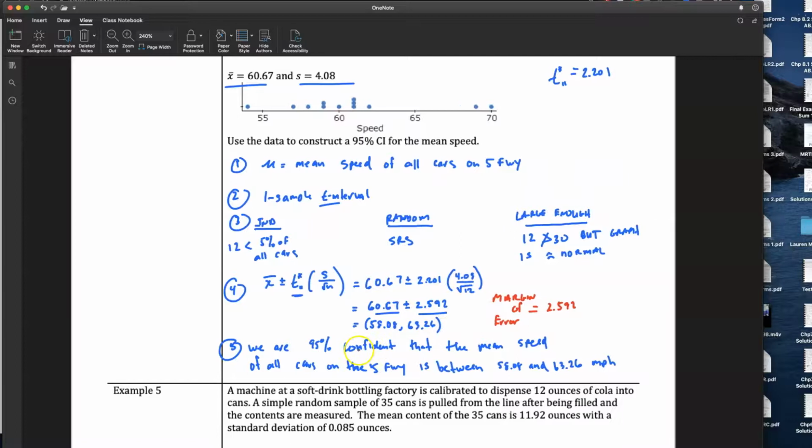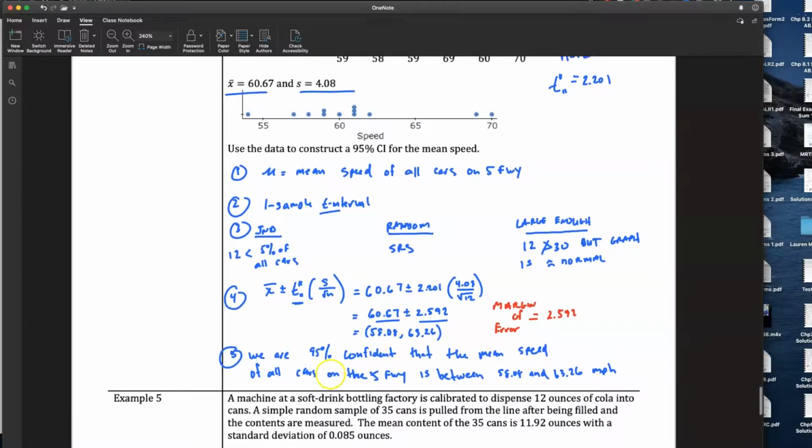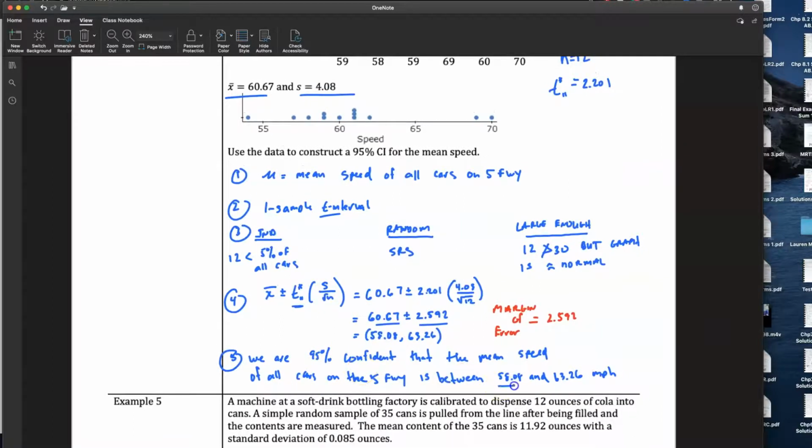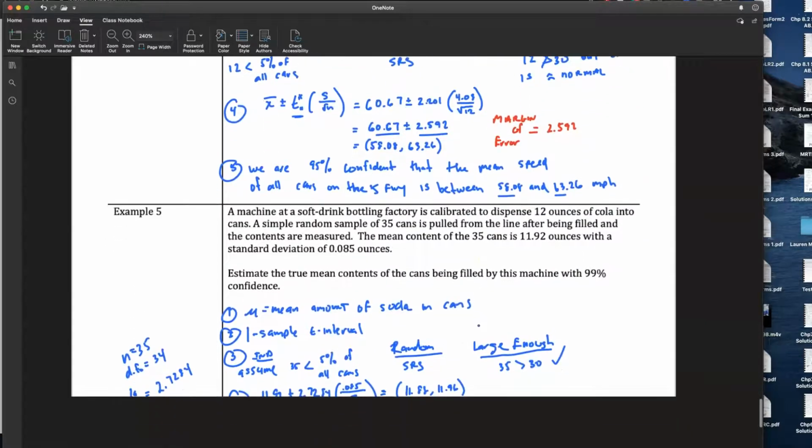So we end up saying we are 95% confident that the mean speed of all cars on the 5 freeway is between 58 and 63 miles per hour. That's our estimate, because we don't know the actual. I didn't measure every car.